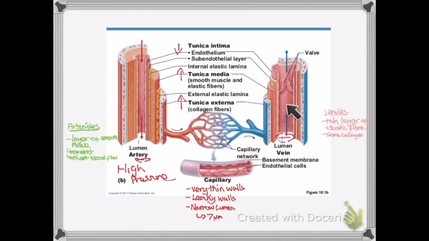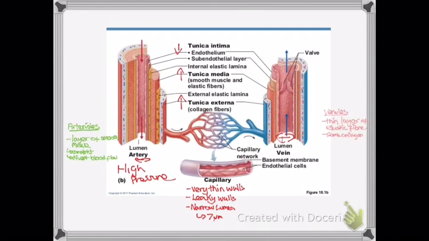This is the large lumen, they've got a thin, smooth muscle, so a thin tunica media layer. They don't have to withstand any high pressure. So once again, that means they'll have a thin tunica externa. If you've got a thick tunica media, you're likely to have a thick tunica externa. They do the same sort of jobs, provide strength and support, help withstand pressure.